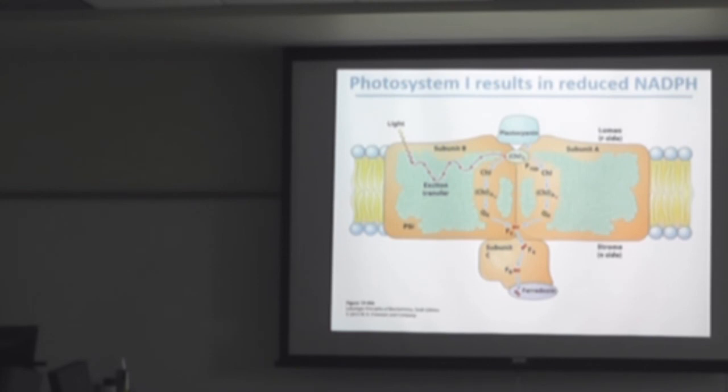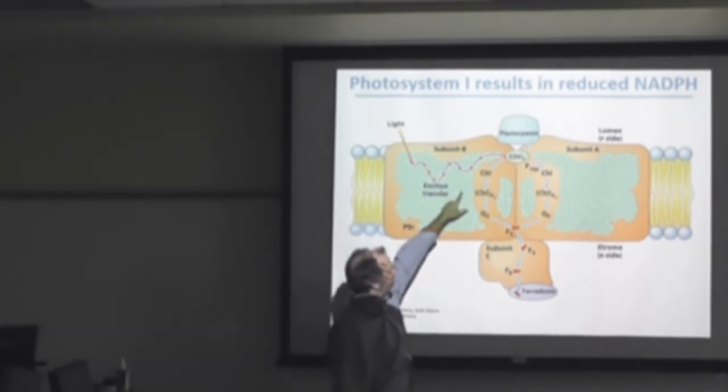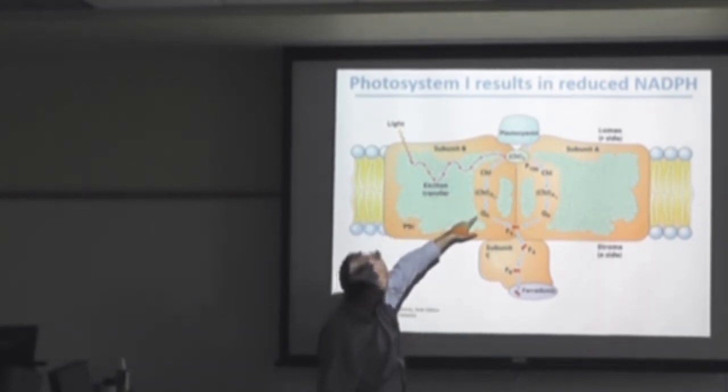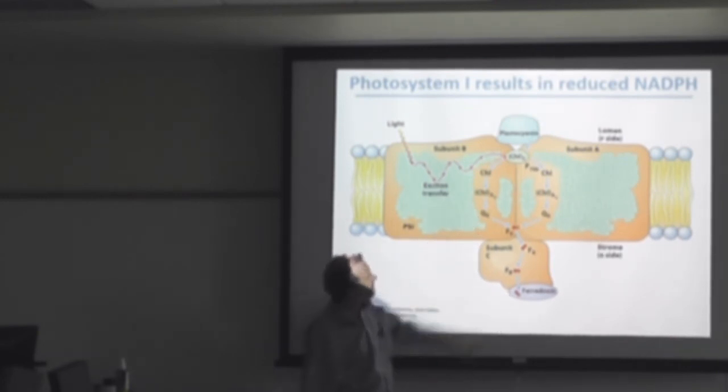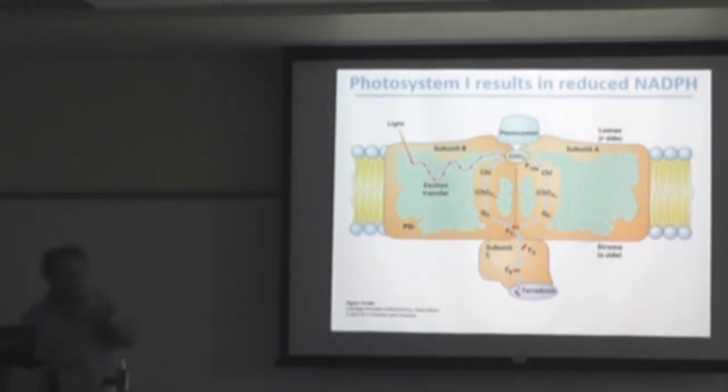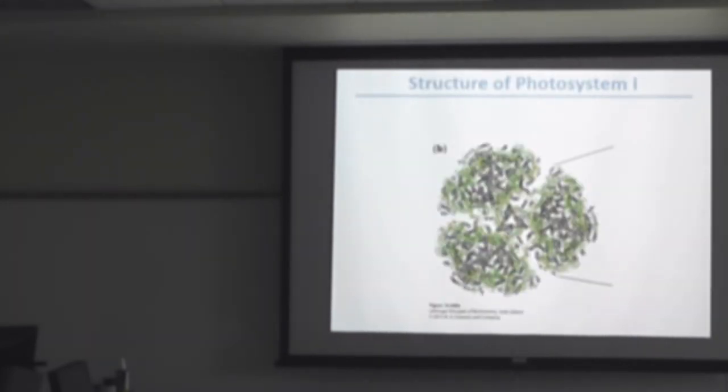And then photosystem 1 results in the reduced NADPH from NADP. So you get exciton transfer of electrons that ultimately end up with the ferredoxin, and you'll end up with the NADPH.